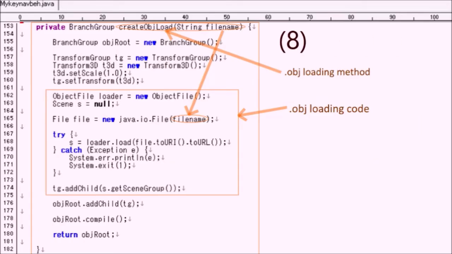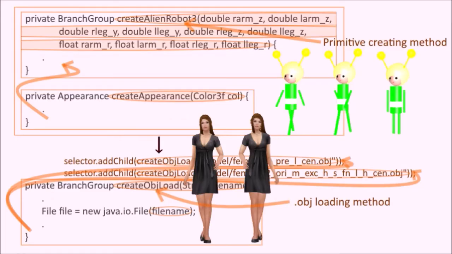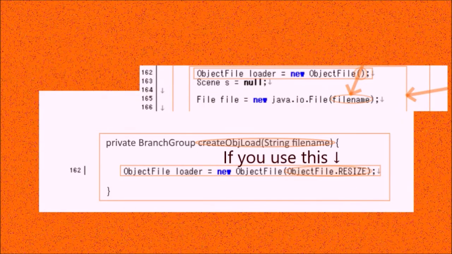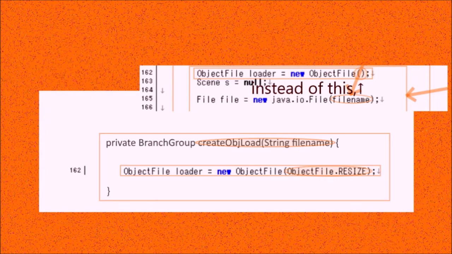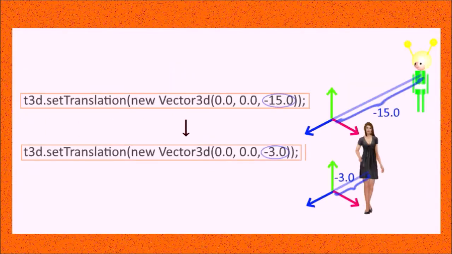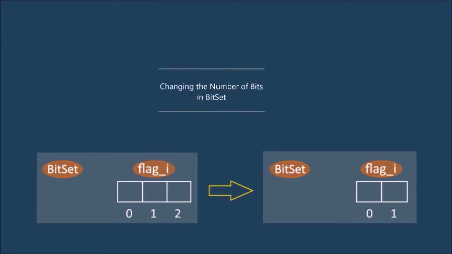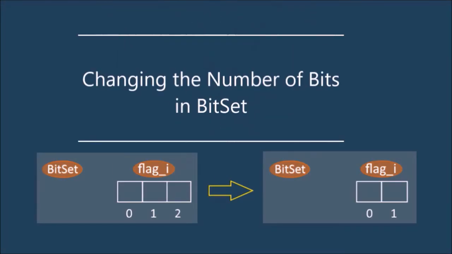8. Object loading method, object loading code. Primitive creating method, object loading method. If you use this instead of this, changing the number of bits in the BitSet. 9.